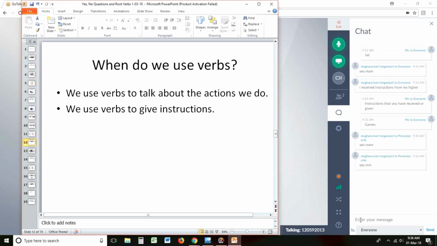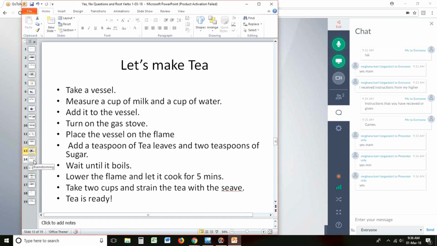Good. Do you know how to make tea? Good. So now, when you know how to make tea, you know a step-by-step procedure of how we make tea. Now, let's go through this.